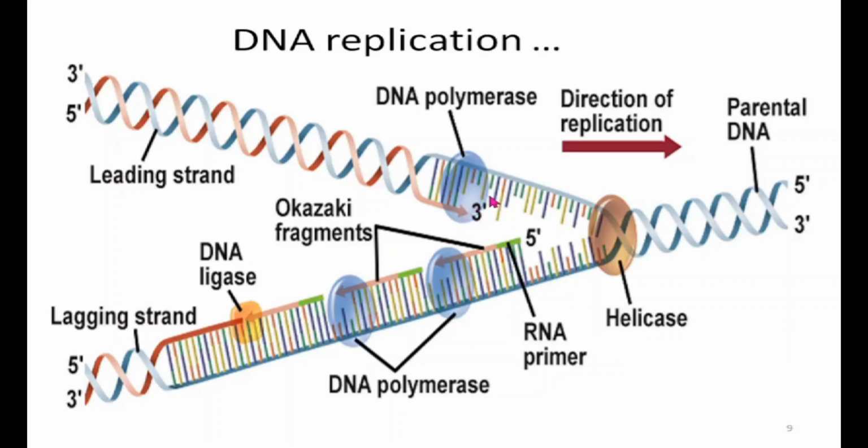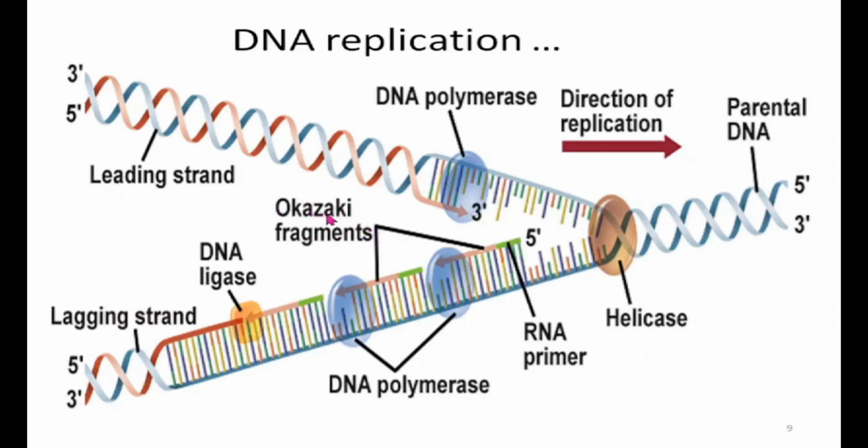Then the polymerase can simply add the nucleotides at the 3 prime end. That is why there is no breakage of the new strand here. In this case, you can see the new strand is broken. There are fragments. We call these fragments Okazaki fragments.